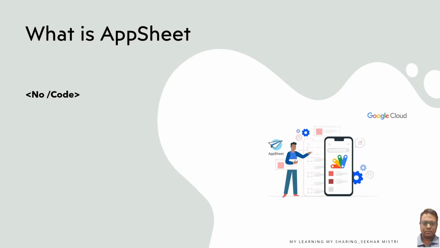We're going to show one application which I built as a quality monitoring transactional application, but this app has a much higher potential. There are multiple use cases that you will be able to search online or within the AppSheet platform itself. So let's have a quick look at what Google AppSheet is all about.